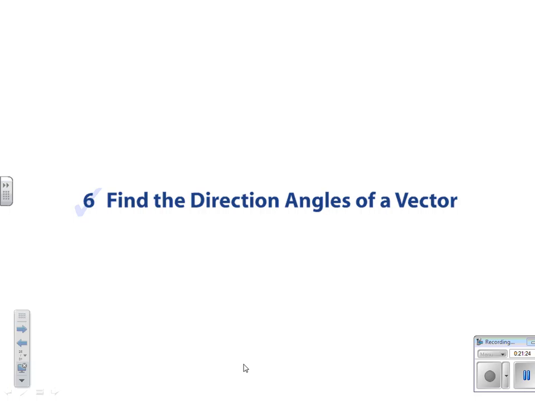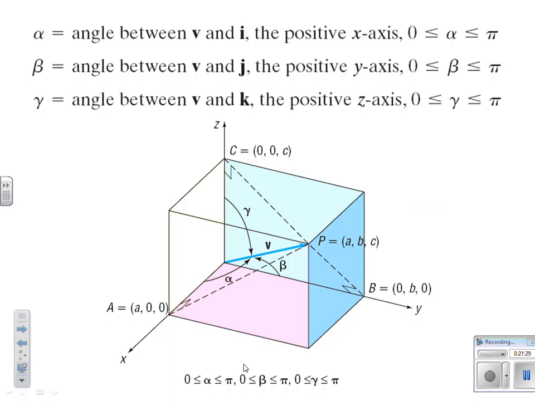All right, direction angles of a vector. So we have a vector, and we want to know these three angles. Alpha is the angle between V and I, or V and the positive x-axis.